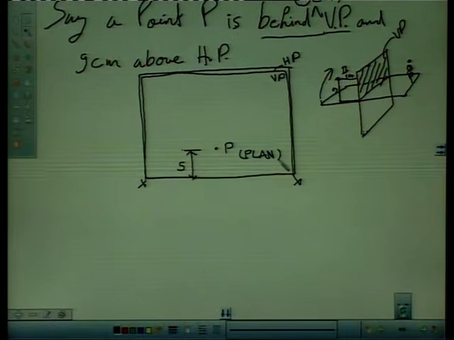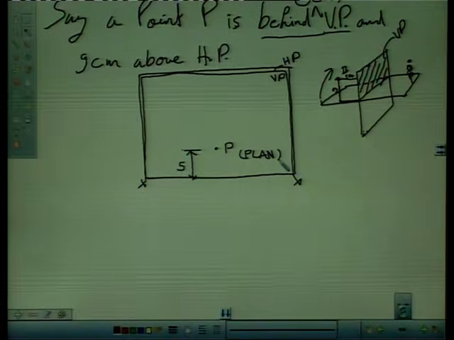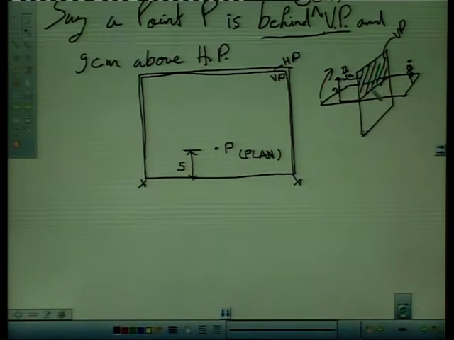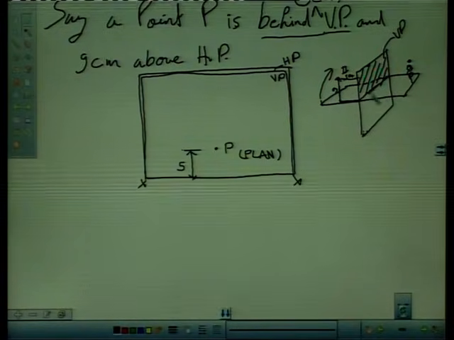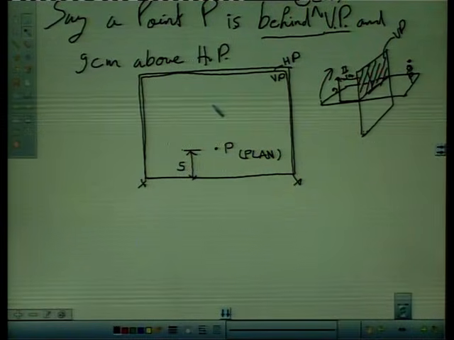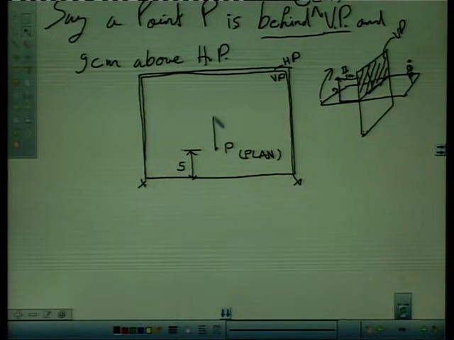Now second part, it is 9 centimeter above horizontal plane. So this is horizontal plane, it is 9 centimeter above, so its impression will be 9 centimeter above this axis line, somewhere here. So draw a straight line from this point, guidelines.